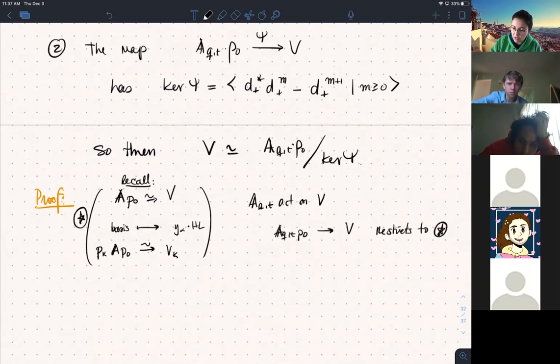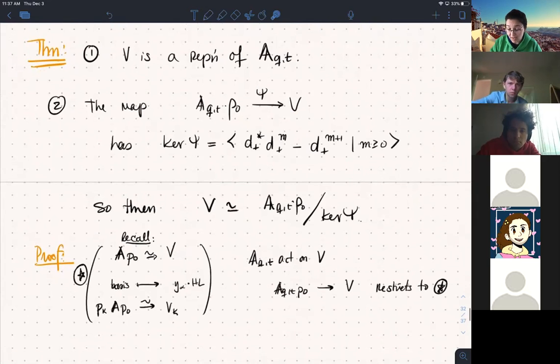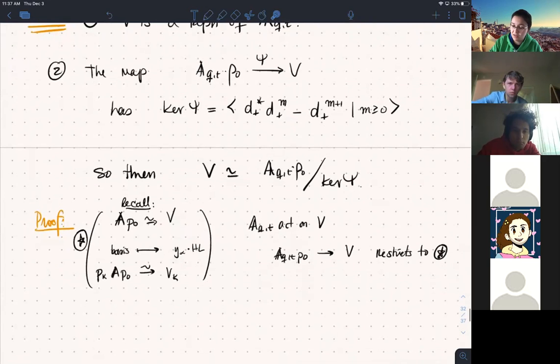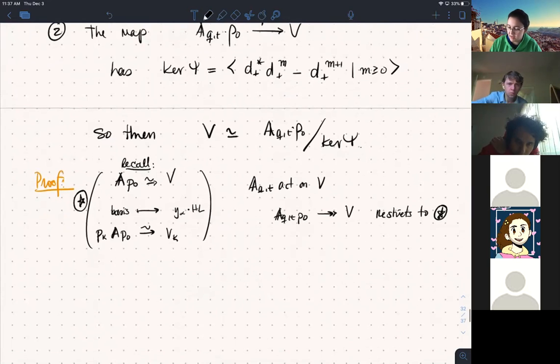So it already knows about this map; you get this projection kind of for free. It's not a very complicated map to see that it exists. But the point is that it restricts to this isomorphism, and not only that, it's a surjective map.